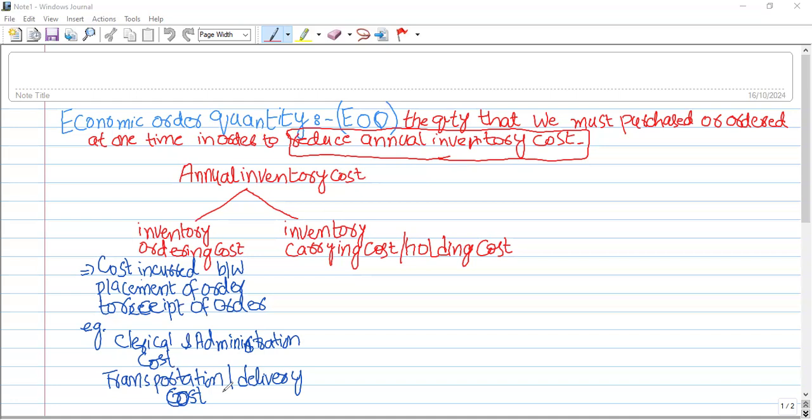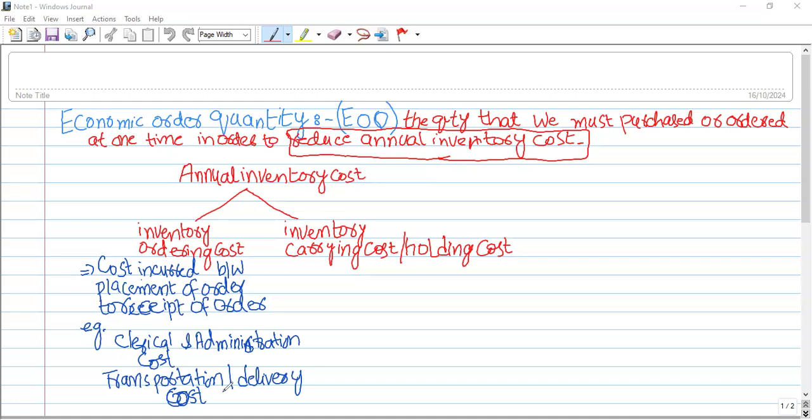Obsolescence means inventory expires or becomes outdated, just like in pharmaceutical companies, where medicine expires after a specific time period. If the product is outdated, then it is not used. So this also comes in the holding cost.